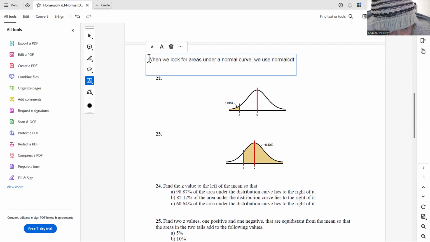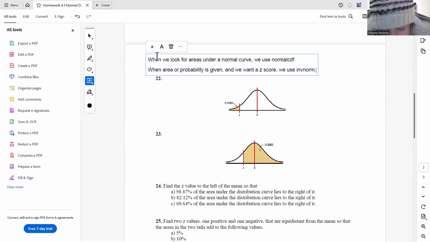But when area or probability, because sometimes it's written as probability, is given, and we want a z-score, we use inverse norm.